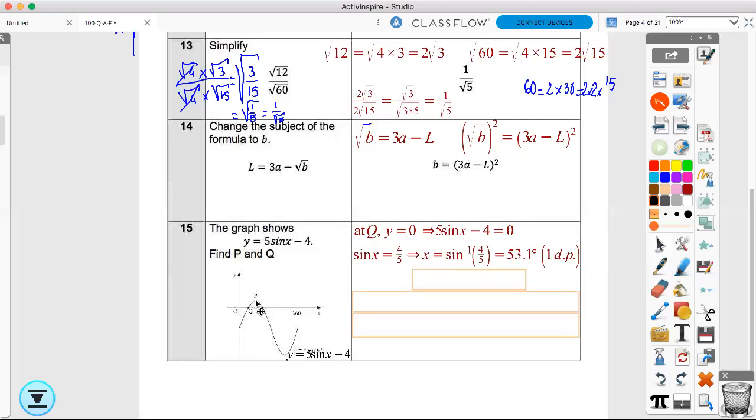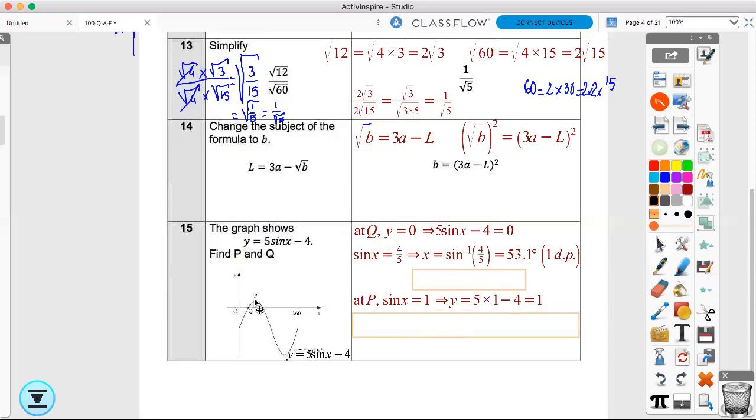How do we find P? Remember, sine x is at its maximum when sine x equals 1. So how do you solve sine x equals 1? You just say 5 times 1 minus 4. What's 5 times 1 minus 4? 1.